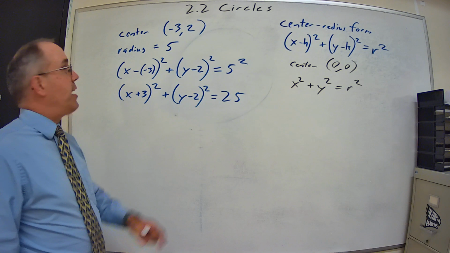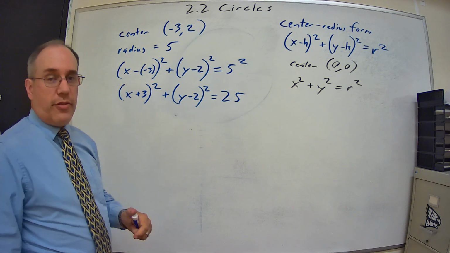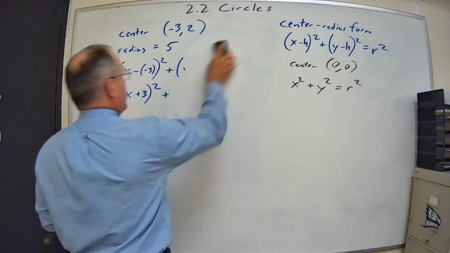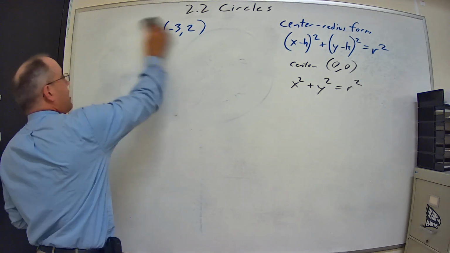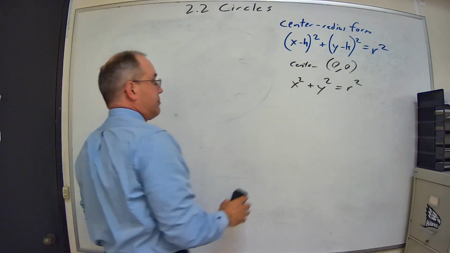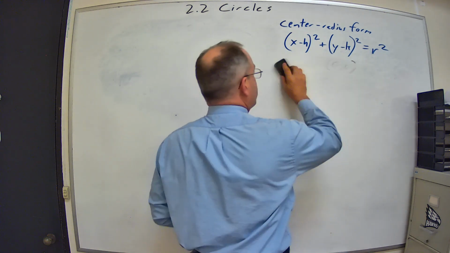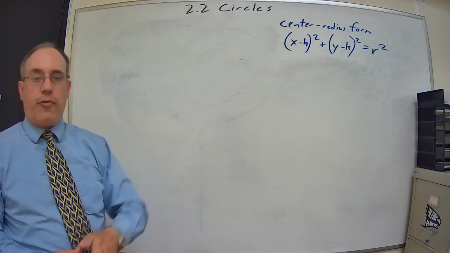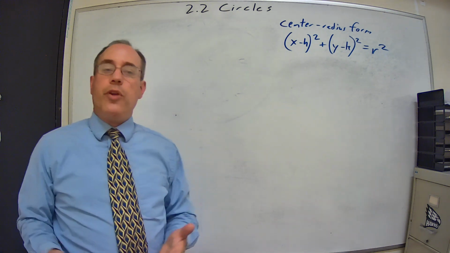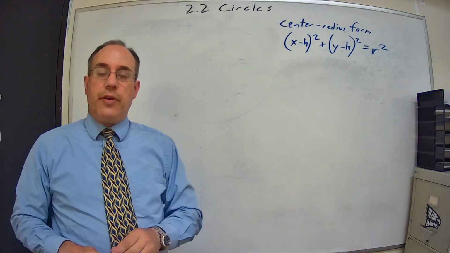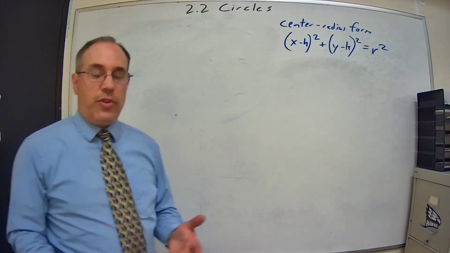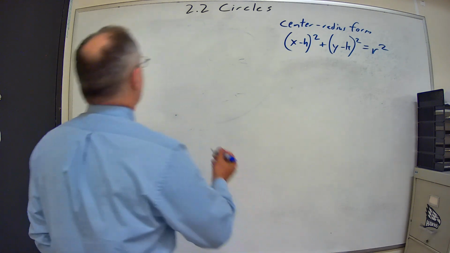Sometimes we're not given the center, we're not given the radius, and we're not given an equation in center radius form. I'm going to leave that up there for a moment. So what do we do in that case? Well, there is a general form for the equation of a circle.